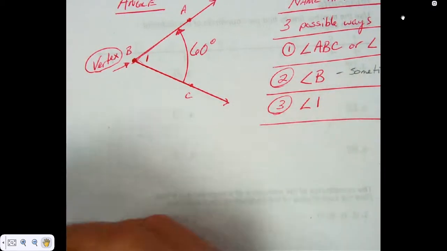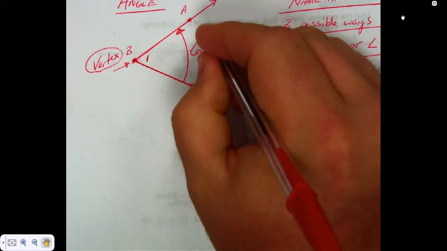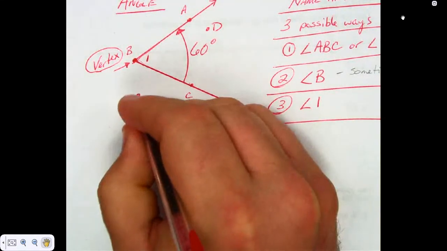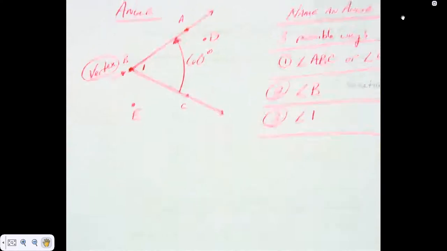Now, I'm going to draw a point here, point D, and then I'm going to draw another point here, point E, on our picture.